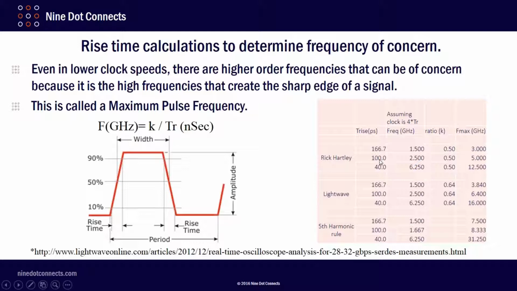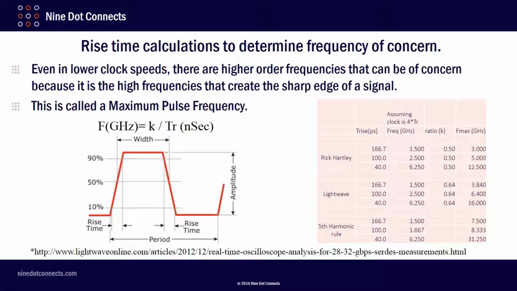Now if we're going to go to rise time of 100 picoseconds and then 40 picoseconds, you can see consequently your main frequency of concern even goes higher. Now this is fine if you're dealing with very slow clocks, because this is the dominant portion of your frequencies of concern. Lightwave comes up with some other concepts, and it's a great article, and I'll put a link here for you. But they're saying that you should use a K of 0.64.